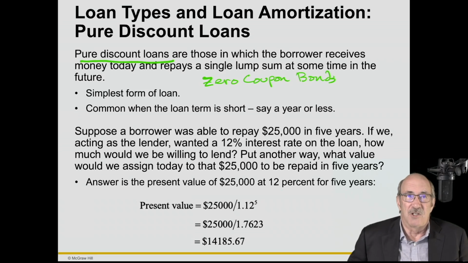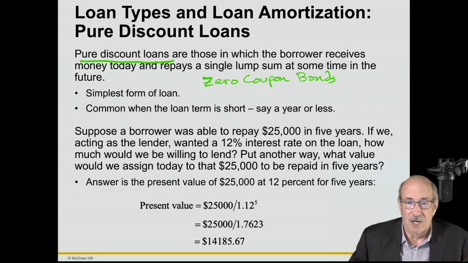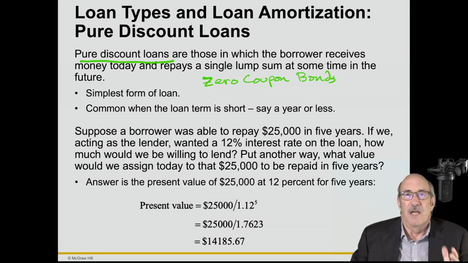You buy at a discount to the face value, and at the term, at the end of the life of the instrument, you get back the face value. All right? Very simple, very few transactions. That's why they're very popular, especially for short term. Anything under a year is typically a pure discount or a zero coupon.